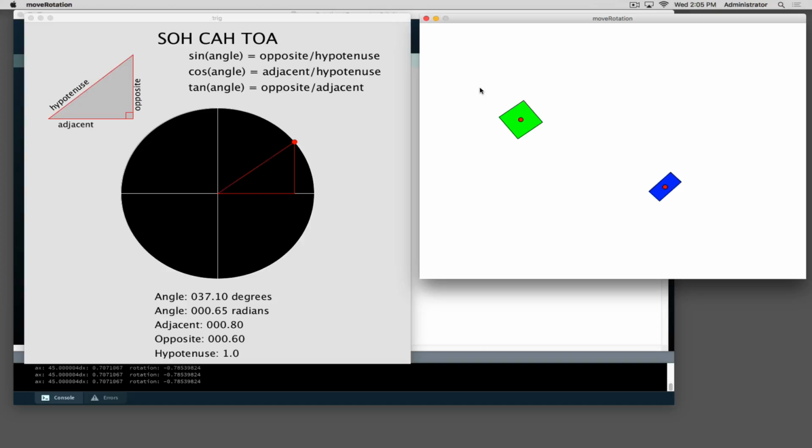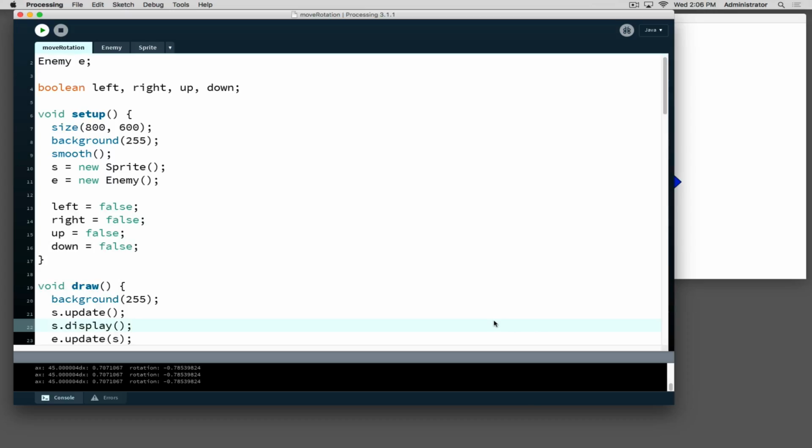So I take the sine of the angle, multiply it by the hypotenuse, or the speed I'm traveling each frame, and that tells me exactly how much I need to move on my vertical axis. I take the cosine and multiply that by the hypotenuse, and that tells me exactly how much I need to move horizontally. Now the hypotenuse is my speed, so that's just the beauty of the math that is happening.